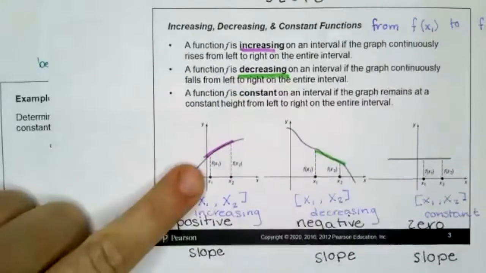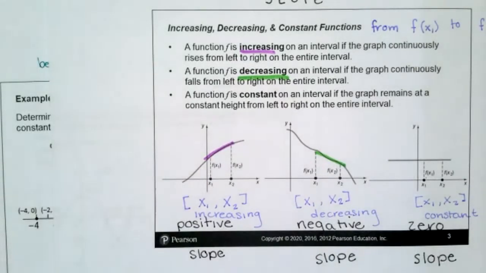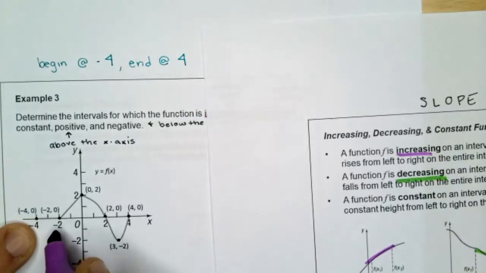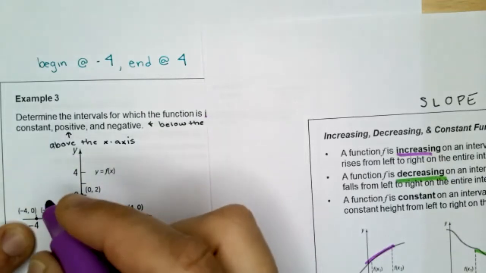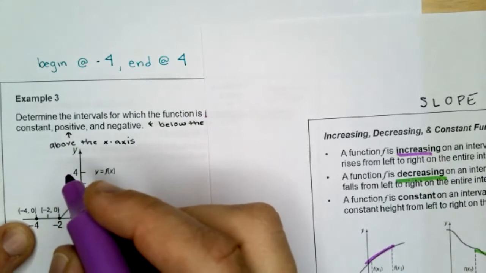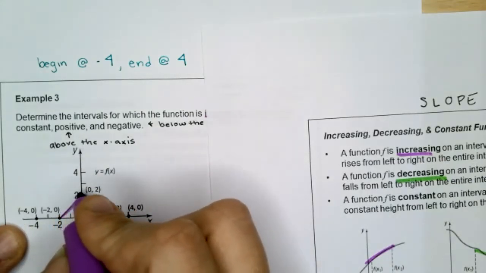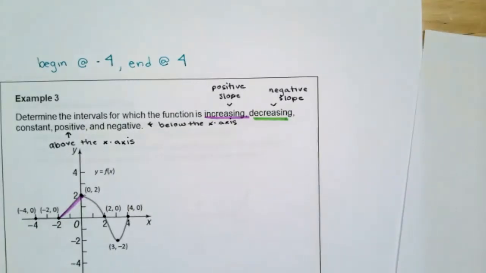Good. Increasing looks like this. You can look at your graph. Between -4 and -2, we are constant, right? From -2 to 0, we're increasing.